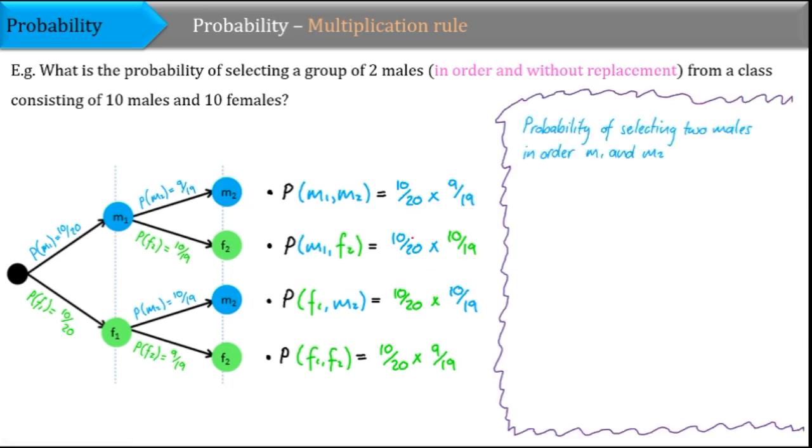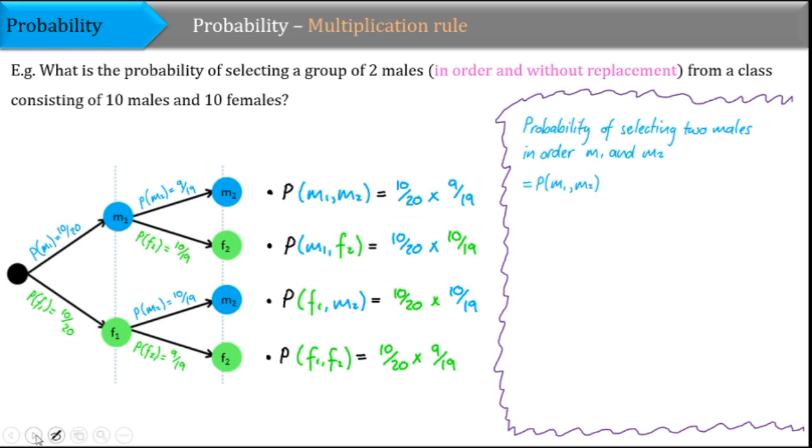Right, now something interesting to note that takes us back to the section on counting techniques. If we look at this 10 over 20 times 9 over 19, we would like to see where that actually comes from. Like I said, it's nice to look at this because it relates back to the counting techniques.